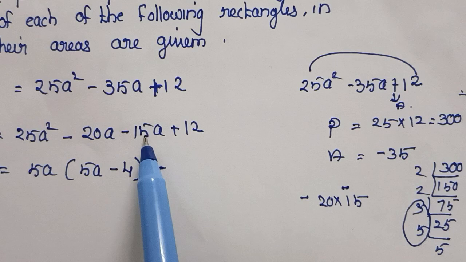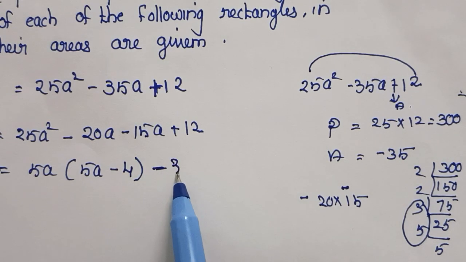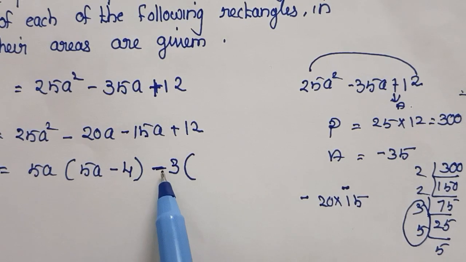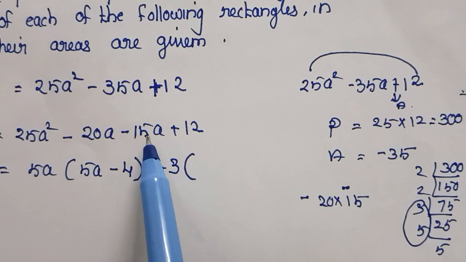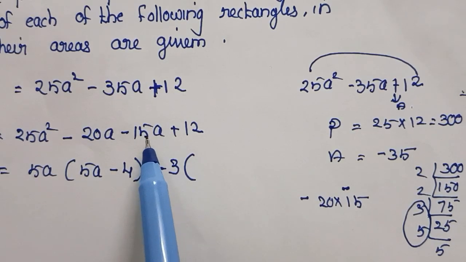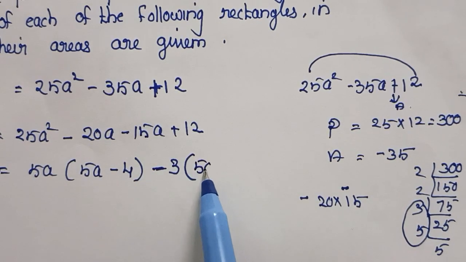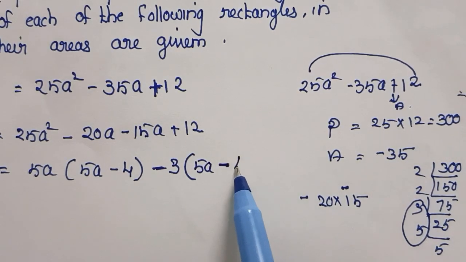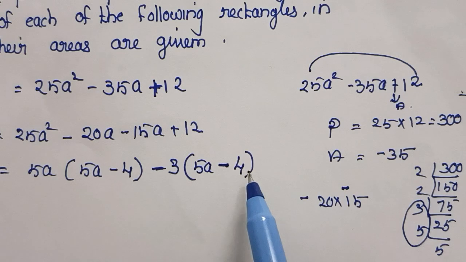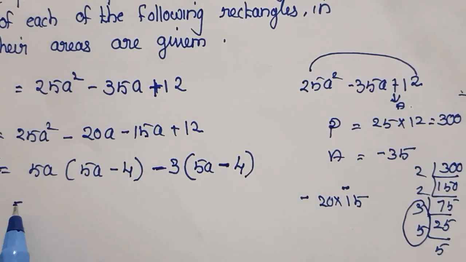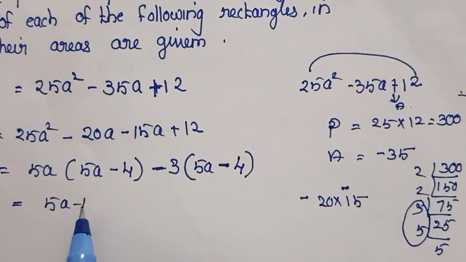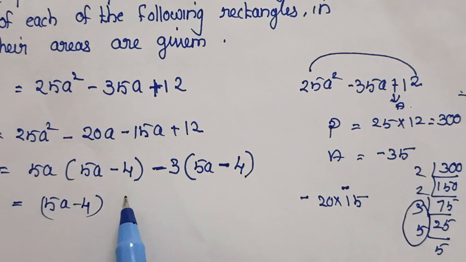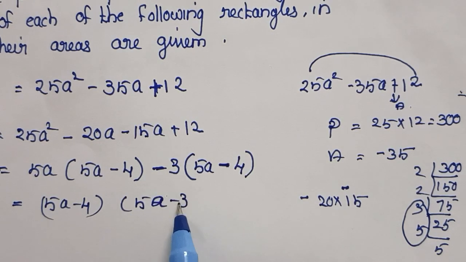Minus 15 and 12, common factor 3. Since we are taking minus outside, within the bracket this will become 5a, and this sign will become minus. 3 4s are 12, that is 5a minus 4. Taking 5a minus 4 outside, we get it is equal to 5a minus 4 into 5a minus 3.